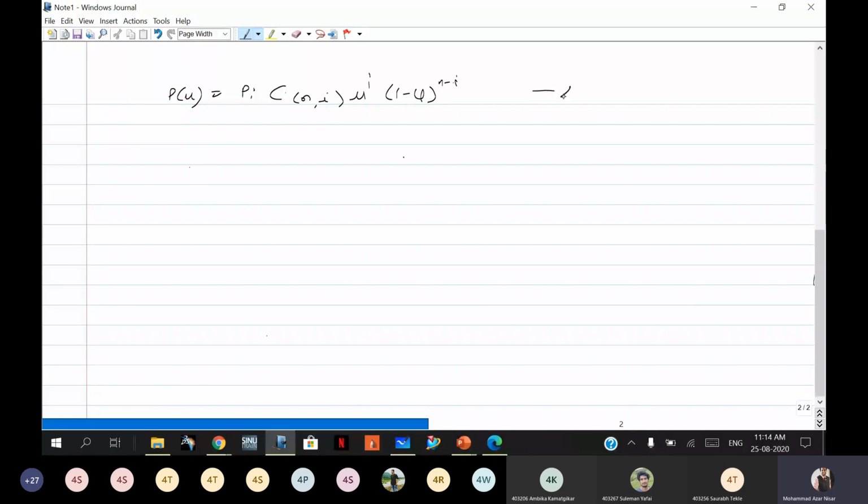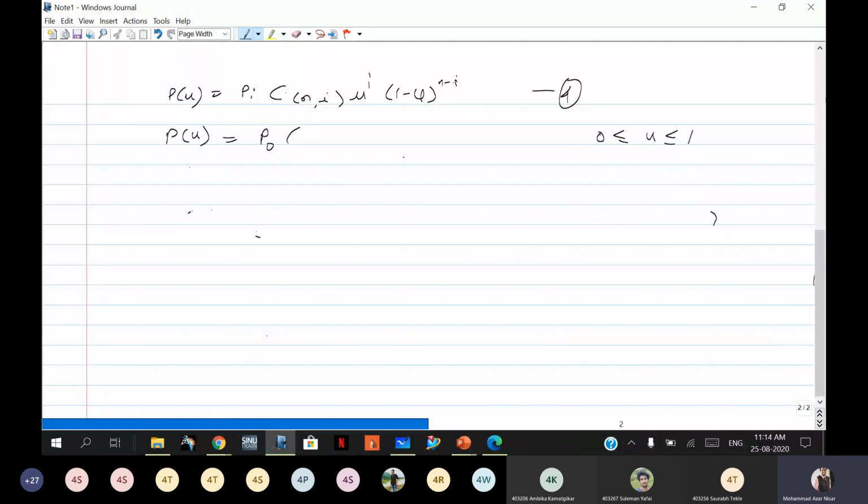Suppose this is equation number 4. Now by putting these values and expanding this, we'll get P0, where 0 less than or equal to u less than or equal to 1 when we vary this equation.